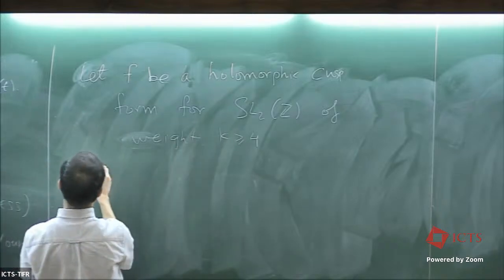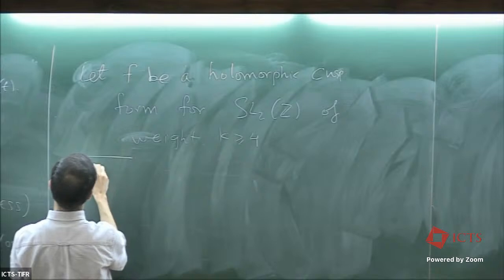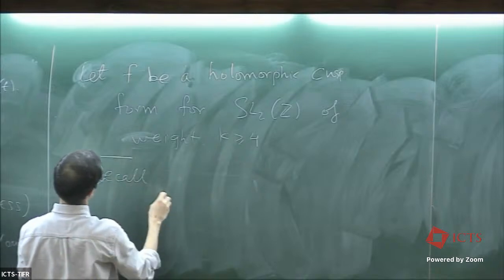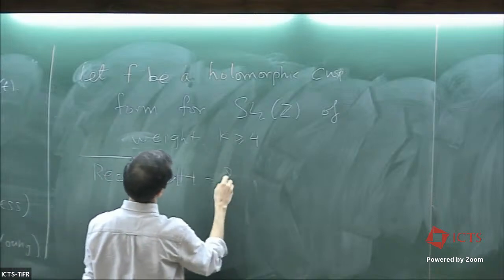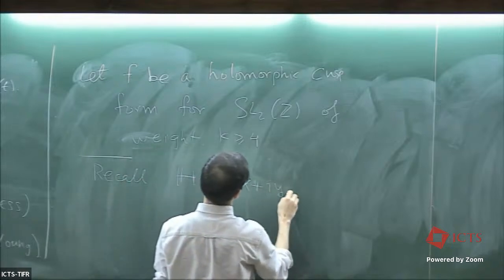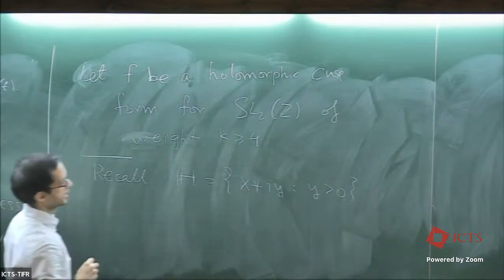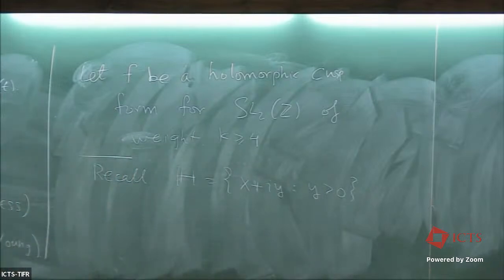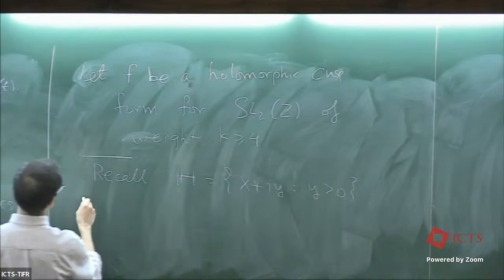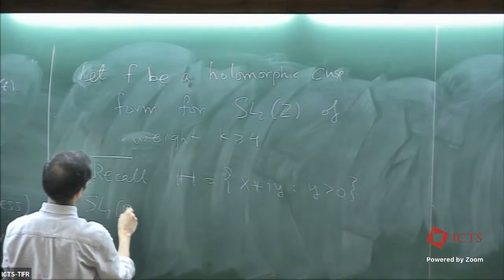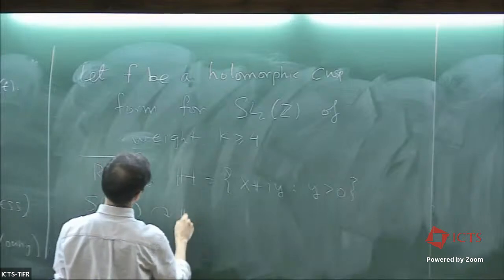So for this, recall the upper half plane. These are all the complex numbers that have imaginary part strictly positive. And we have an action of SL2(R) on the upper half plane.